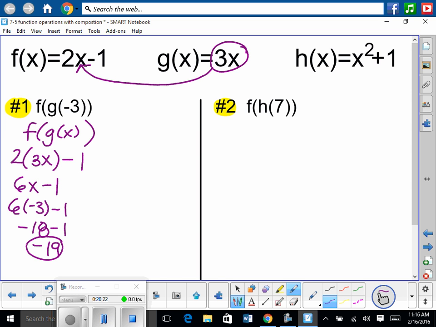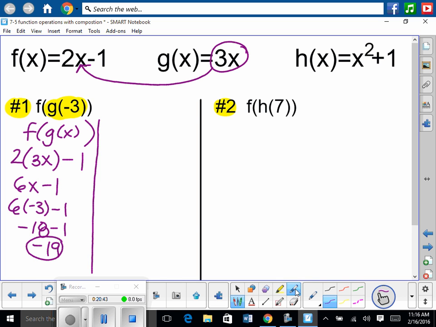Okay, now here's another way to do it. You'll want to watch this because this is much easier. You can do it that way, but here's the easier way. With function composition, this is the only time we can really do this. Let's find g of negative 3. So isn't that plugging in a negative 3 for x? Yep.